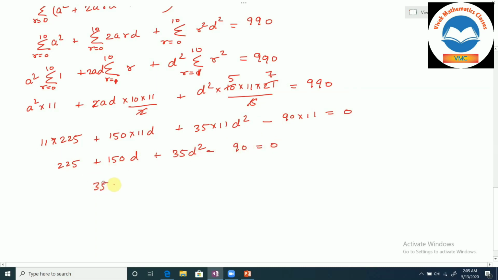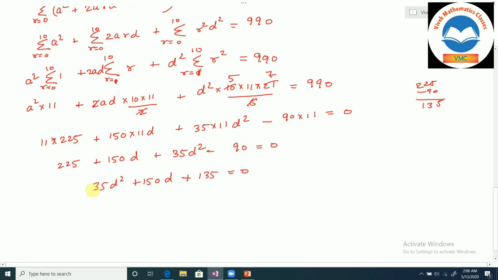This will be 35d square plus 150d plus 225 minus 90. This 225 minus 90 will be 135, and this will be equal to 0.